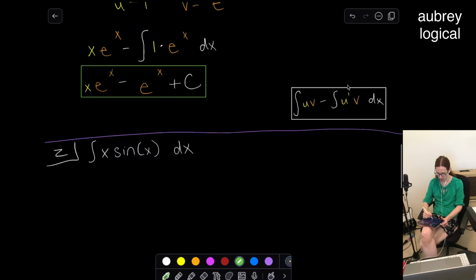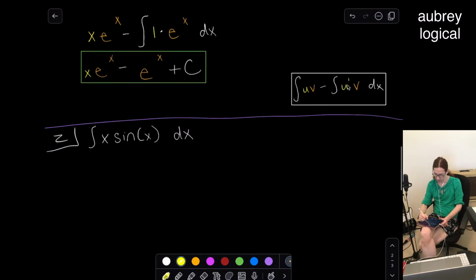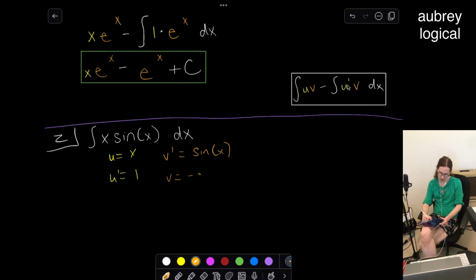All right, we're going to the next problem. It's really not that complicated of a process yet. So u is going to be equal to x again, which means u prime is going to be equal to 1 again, which means v prime is going to be equal to the sine of x, and our antiderivative is going to be negative cosine of x.